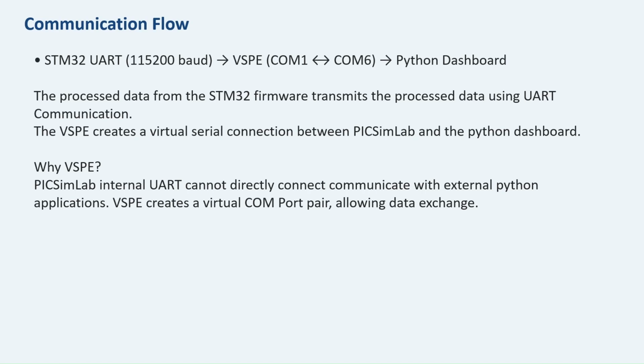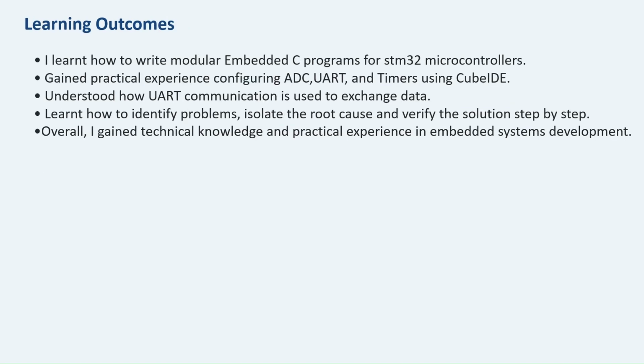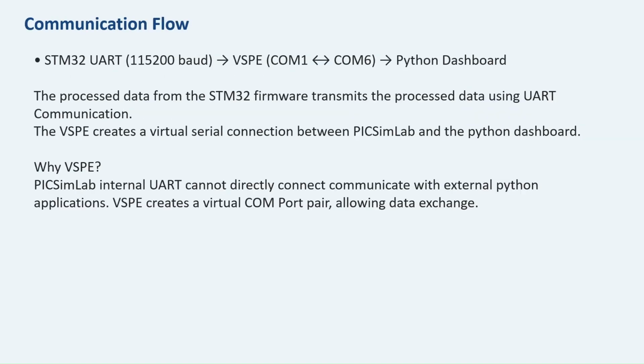So why do we use VSP? As we have already told, PicsimLab's internal UART cannot directly communicate with the external Python application. So it creates a virtual component allowing data exchange. We will see the outcome after seeing the code and how it works.